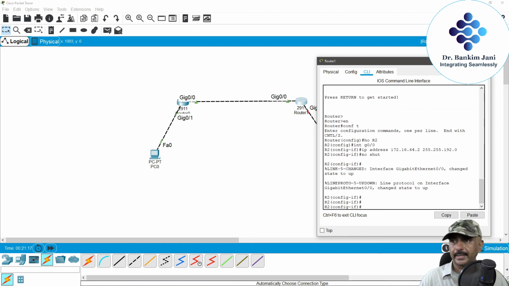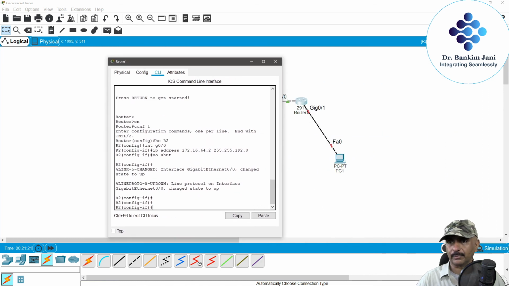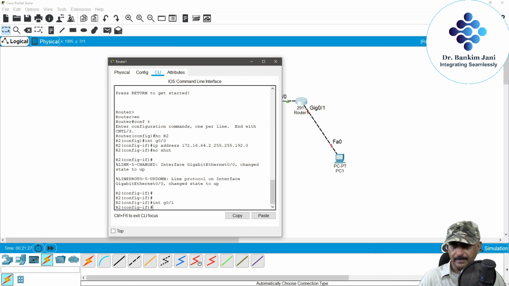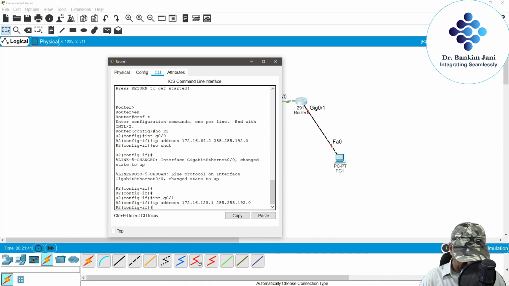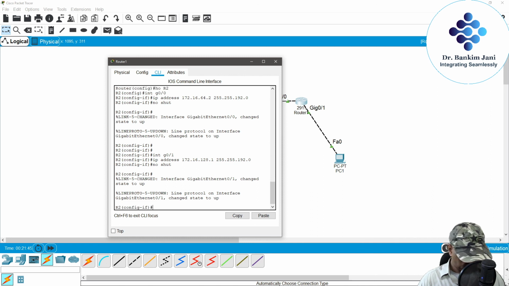And then for the gig 0/1 port, it would be interface gig 0/1, and we give the IP address 172.16.128.1, 255.255.192.0, and we give no shut.